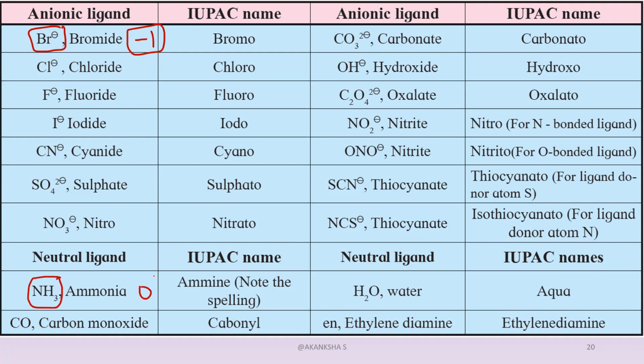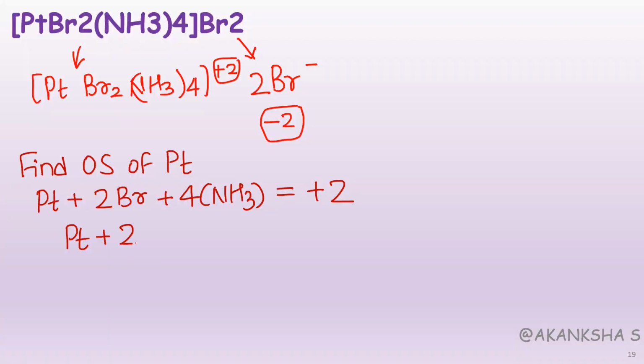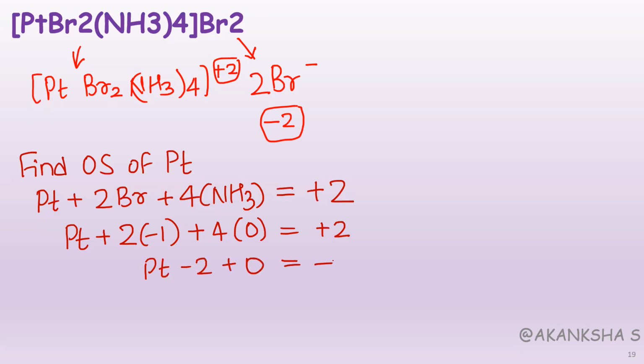NH3 is over here, 0 charge on NH3. Let's try to substitute. 2Br, meaning 2 times -1 charge, plus 4 NH3, neutral ligand, 0, gives +2. So Pt minus 2 plus 0 gives you +2. -2 goes on the other side. Platinum is carrying an oxidation state of +4, right? +4.